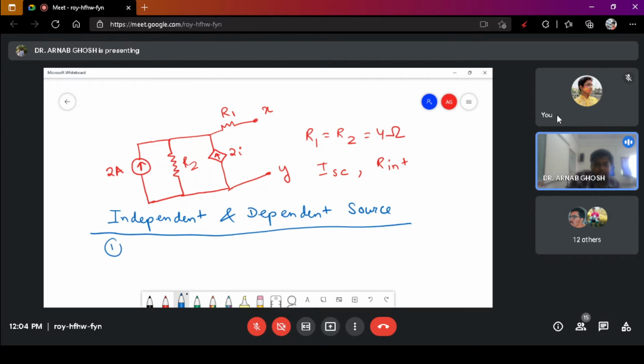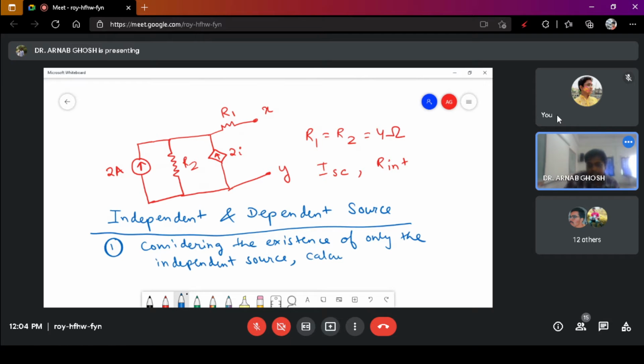The first step is considering the existence of only the independent source, calculate VOC or ISC.